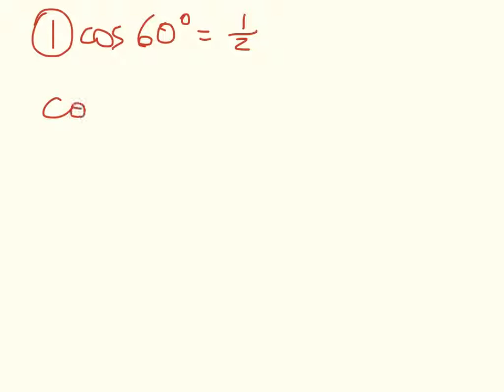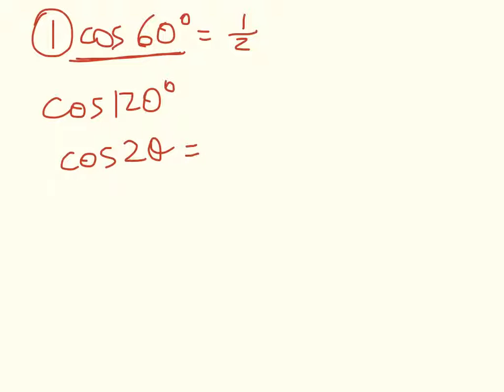Right, so question 1, we are given cos of 60 degrees equals 1/2, and we need to calculate cos of 120 degrees. We're only told the cosine, so the easiest version to use is cos of 2 theta is equal to 2 cos squared theta minus 1.